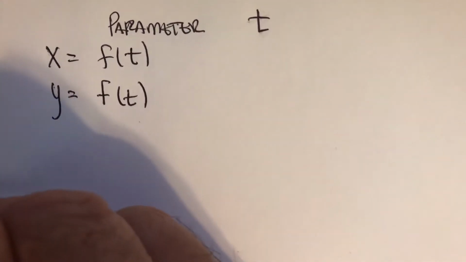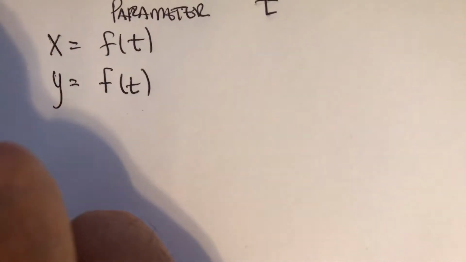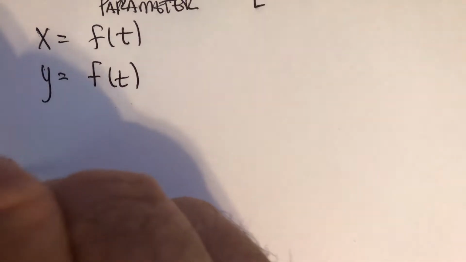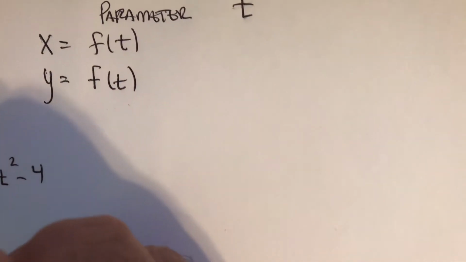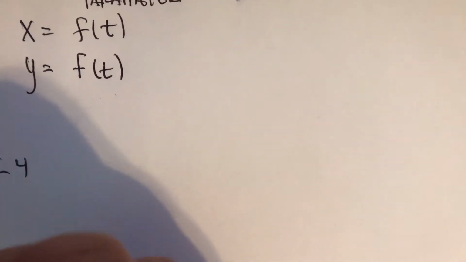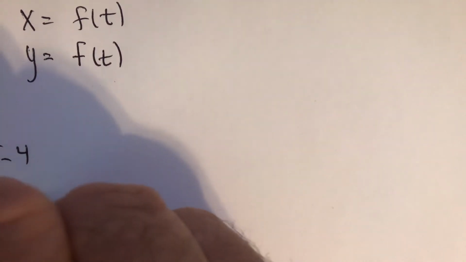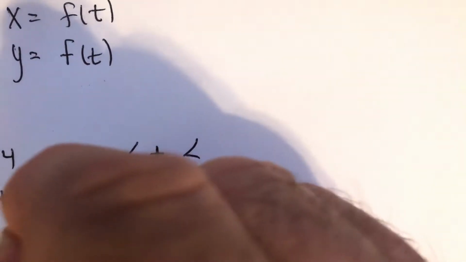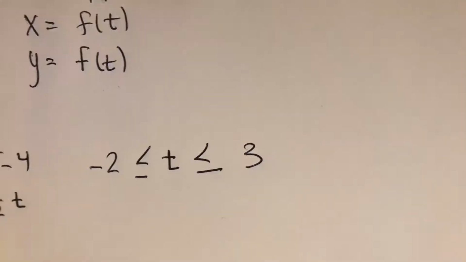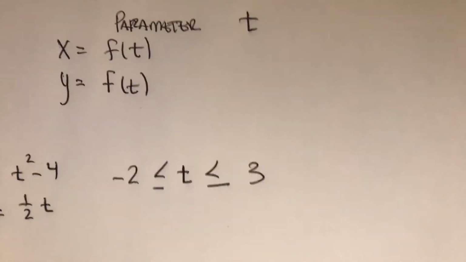It's asking you to sketch a graph of x equals t squared minus 4, y equals 1/2 t, and notice that it gives you a range for t.